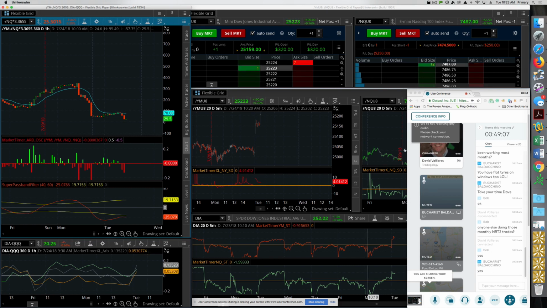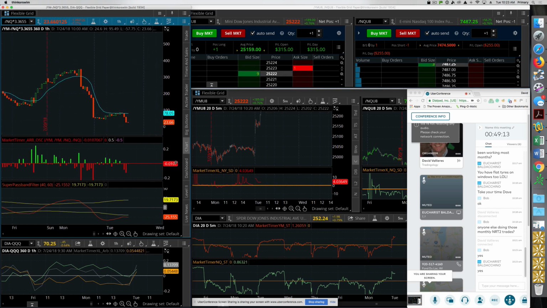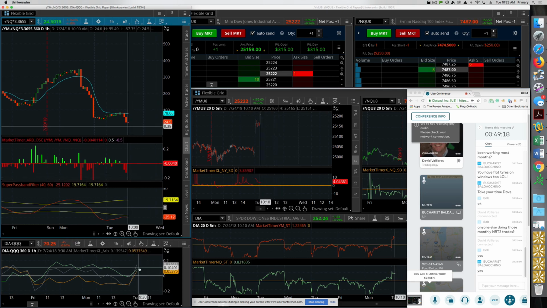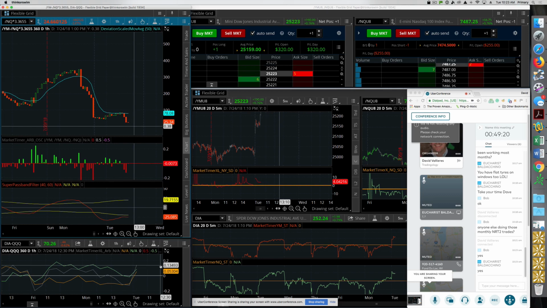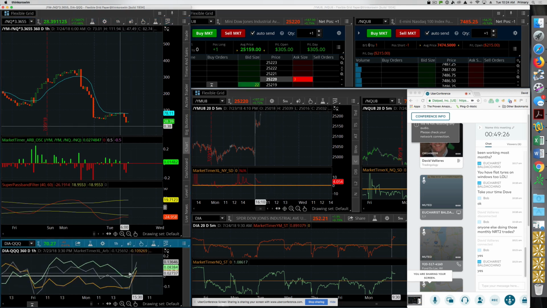Good. All right, so I'm liking this trade more and more here. Long YM, short NQ. We're still pointing up on the arbitrage script. When all 3 of these lines go up together, you can take a long position.